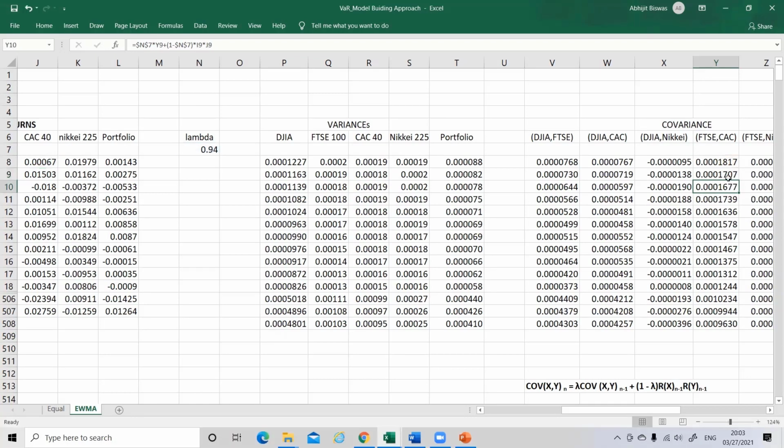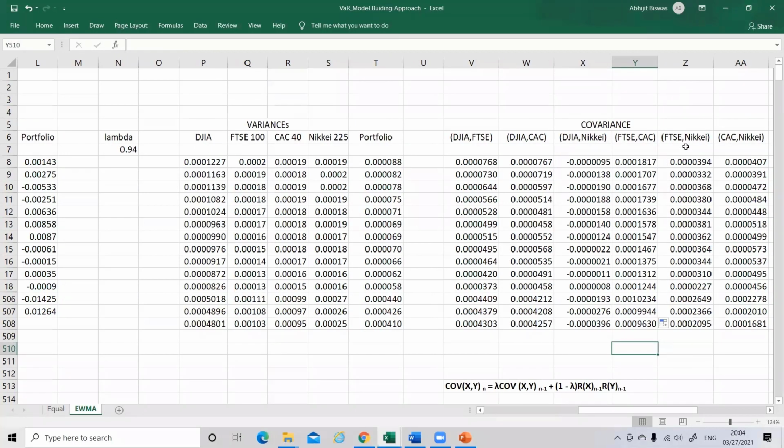If this is done, then you just have to drag it till 507. So do it for the fifth pair, FTSE and Nikkei. Okay, then come to the next one. This is the formula for the next one: lambda into previous day's covariance plus 1 minus lambda into previous day's return from FTSE. Done. Okay, good.